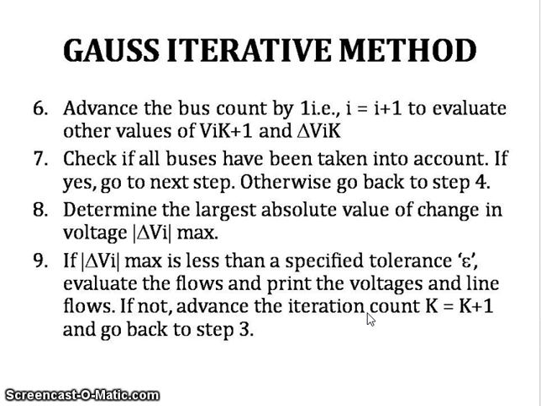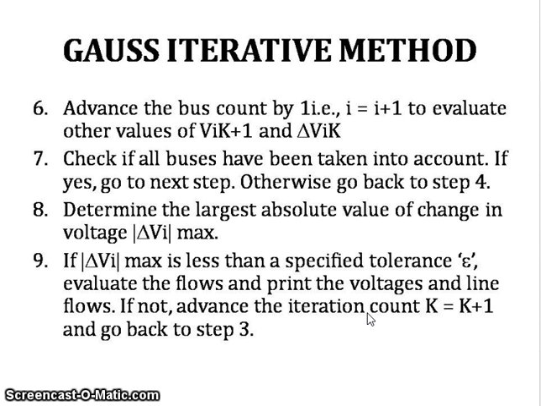Then we advance the bus count by 1, that is i equals i plus 1, to evaluate the other values V_i^(k+1) and delta V_i^k. This process we need to apply to all the buses. Step 7 checks whether all buses have been taken into account. If yes, we go to step number 8.